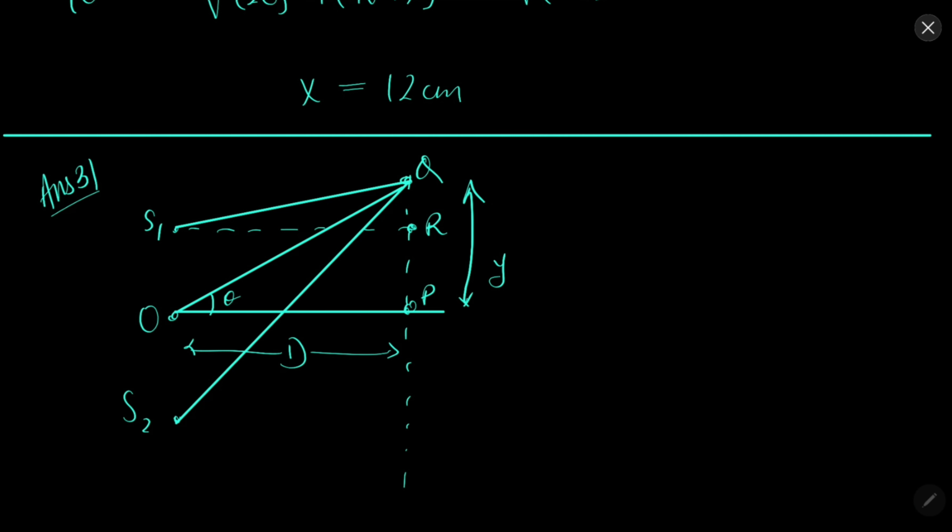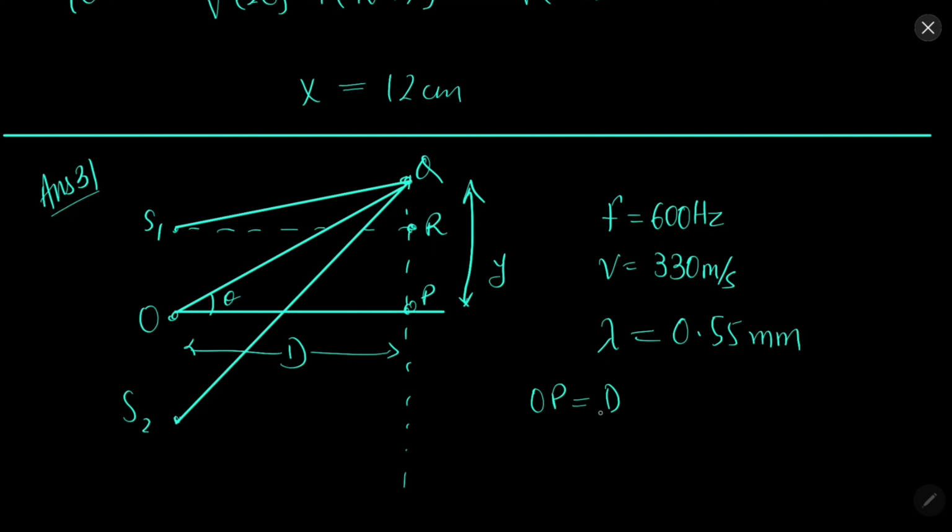So now frequency is 600 Hertz, velocity is 330 meters per second. So wavelength will come out to be 0.55 meter.